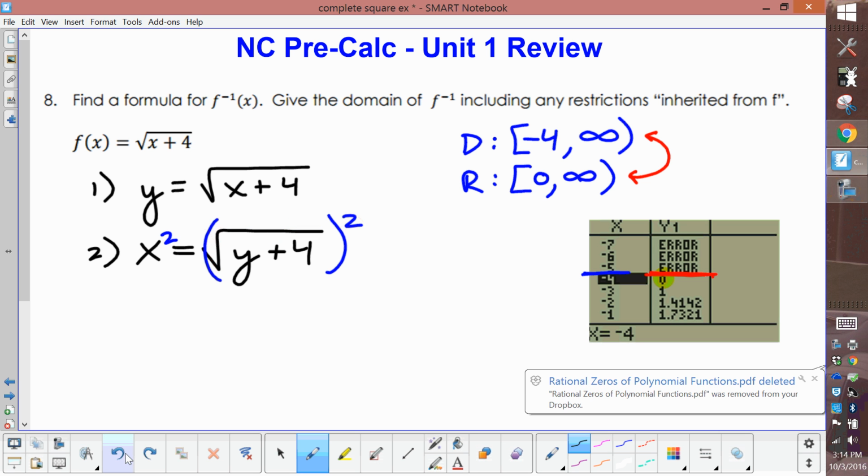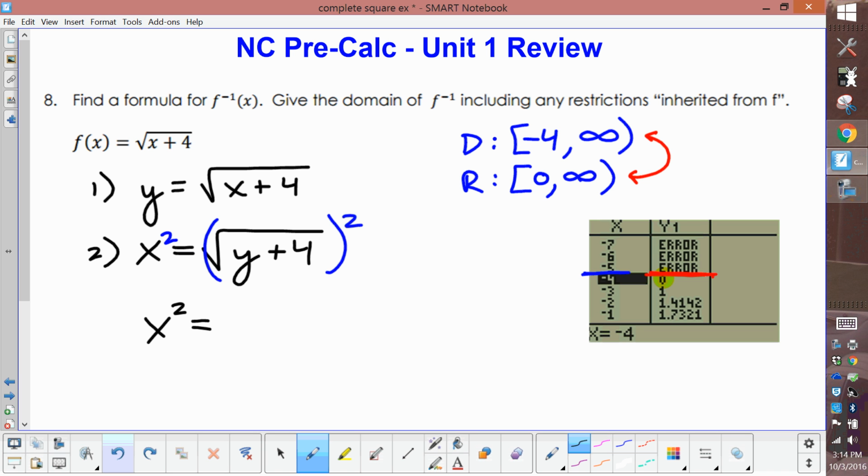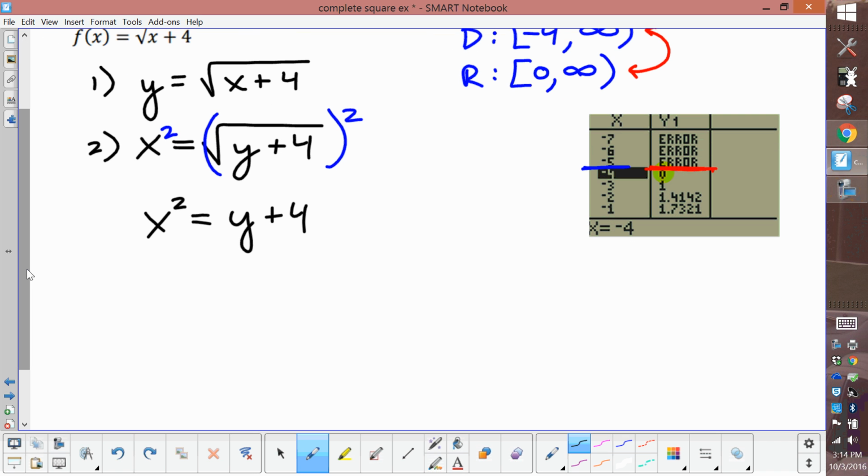And down here, I now have x squared equals y plus 4. And the last thing I need to do in order to get y by itself is subtract 4 from both sides. This goes away, and I get x squared minus 4 equals y.